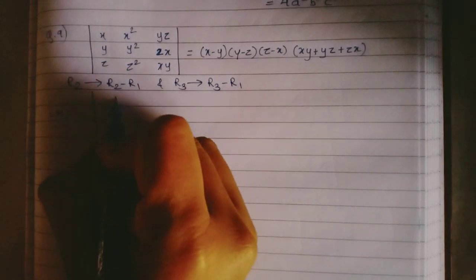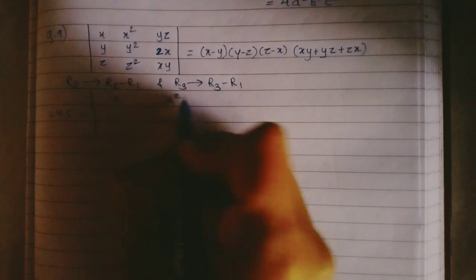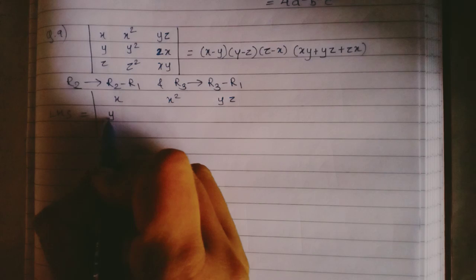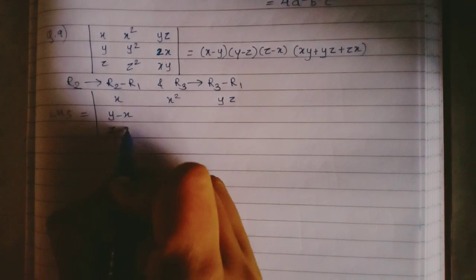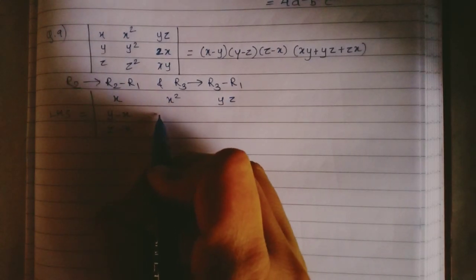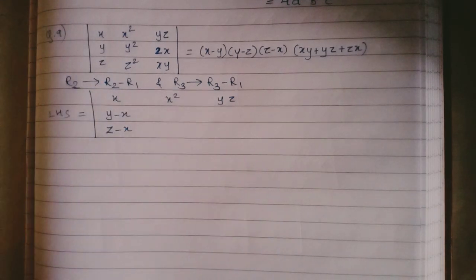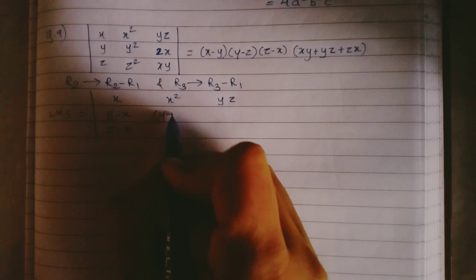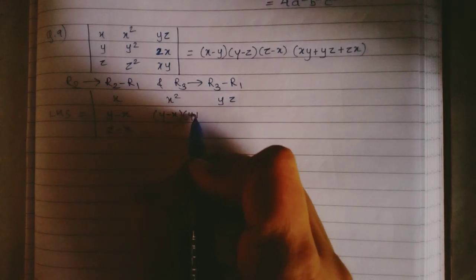LHS x square yz. Okay, this will be y minus x, this is z minus x, this is y square minus x square. So applying formula a square minus b square, you will get y minus x, y plus x.